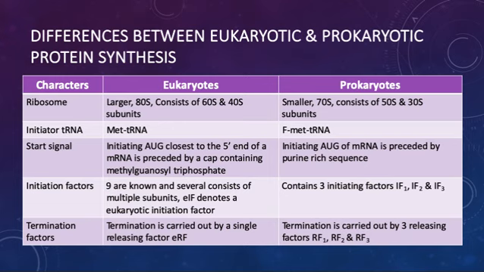And then please write the inhibitors of translation, then the post-translational modification. And if time permits, if you can remember, the differences between the eukaryotic and the prokaryotic protein synthesis. So this is about the translation.